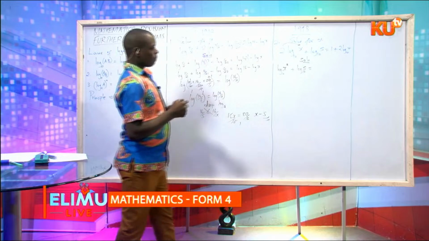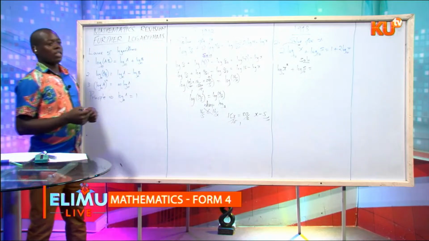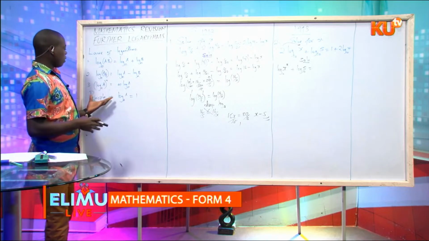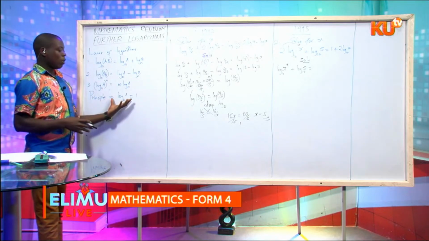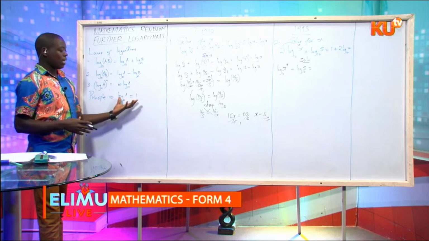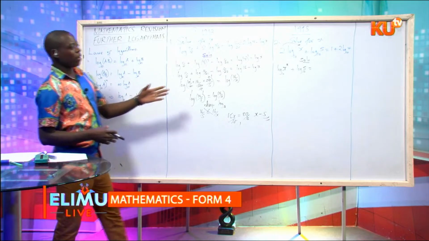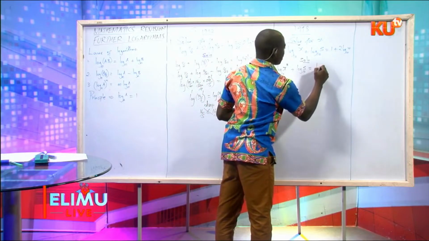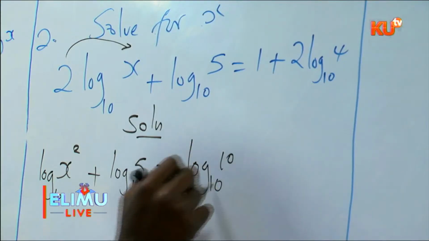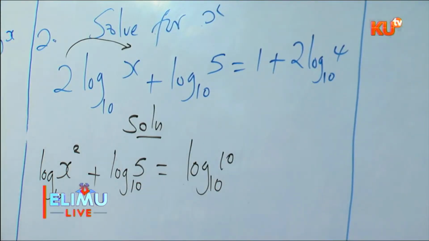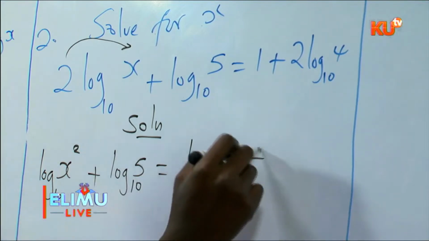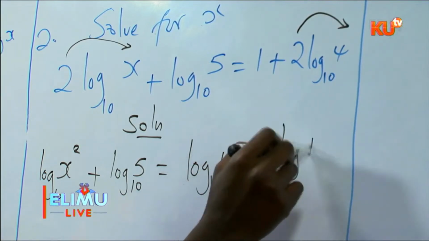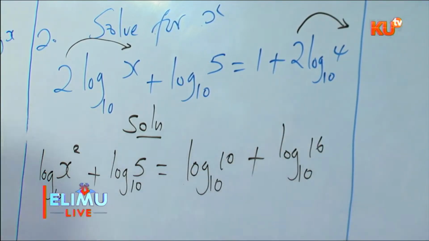Now we have 1. 1 has to also be written in log form. And that is the principle that we've given, that the log of a number a to the base a is 1. So because we already know the base is 10, then to get 1, we simply write log 10 base 10, because that will give us 1. Then plus 2 becomes again the power of 4, so we have log 16 base 10.